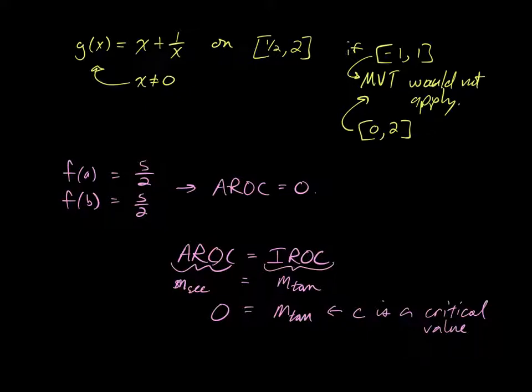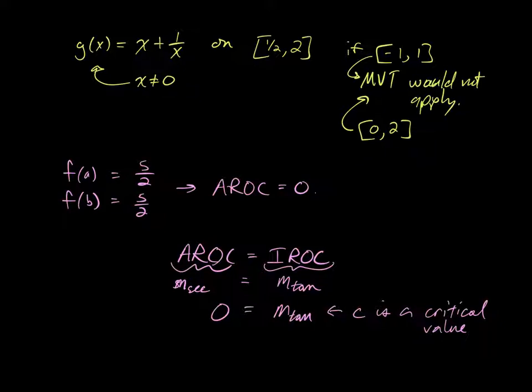But more specifically, that c is a critical value. So that is something else. We sort of, by luck, found where the critical values were on that short interval. So just keep that in mind as you're going along.